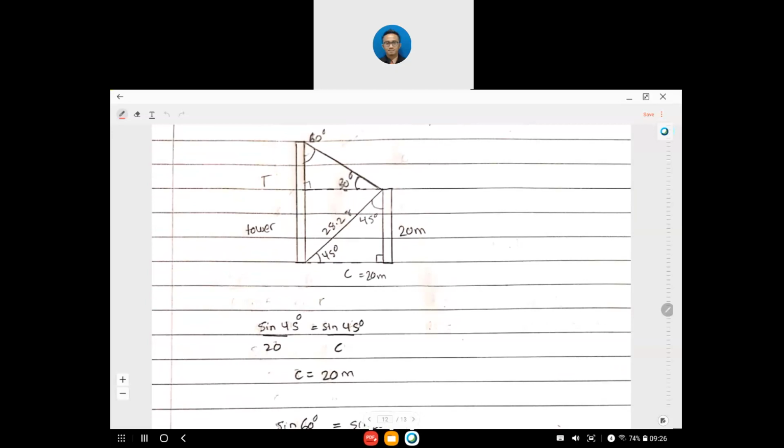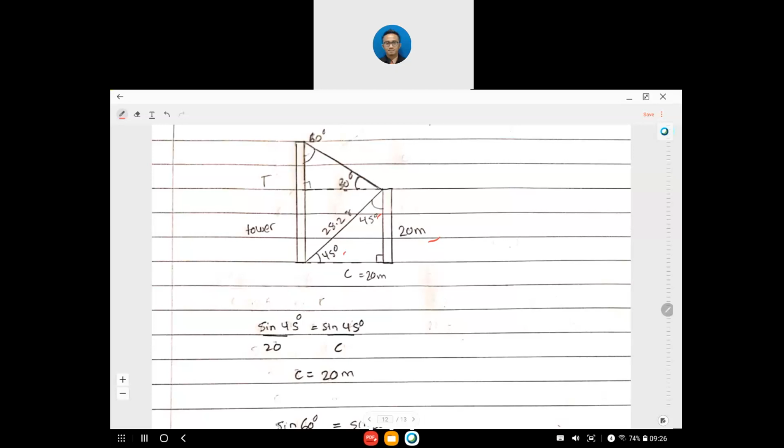Okay, question 15. You have a point 20 meter. Okay, 20 meter. And then this one is 45. So of course here also 45 degree. And then the other one, okay, transmission tower fixed at the top of 20 meter height of the building are 45 degree and 60 degree.